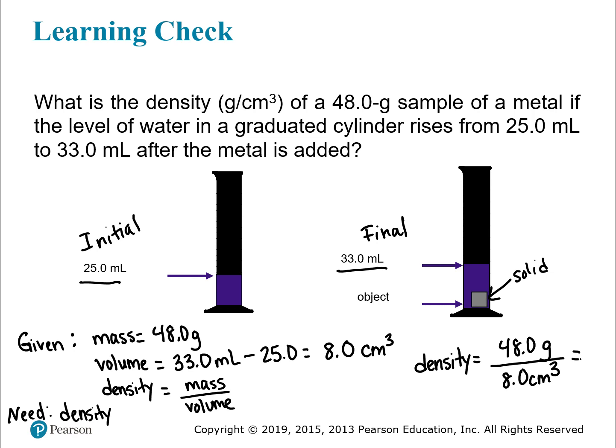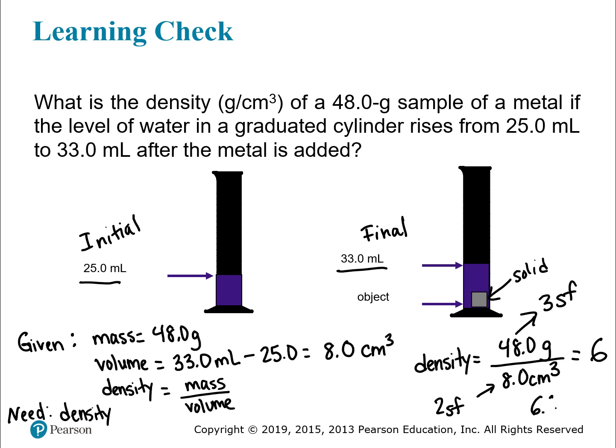You do that math, your calculator will just tell you 6. But we need to report that with the right number of sig figs and the right unit. We've got 3 sig figs in the mass and only 2 sig figs in our volume.